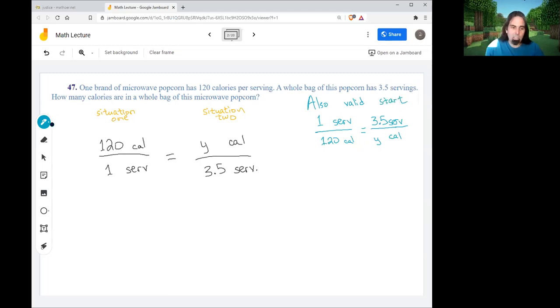Okay, but back to what I've written in the black area here. So I've set up my proportion. I have turned a paragraph into a proportion. What do I do next? I would just multiply. Yeah, so I do my cross multiply. Remember, I have a few superpowers.